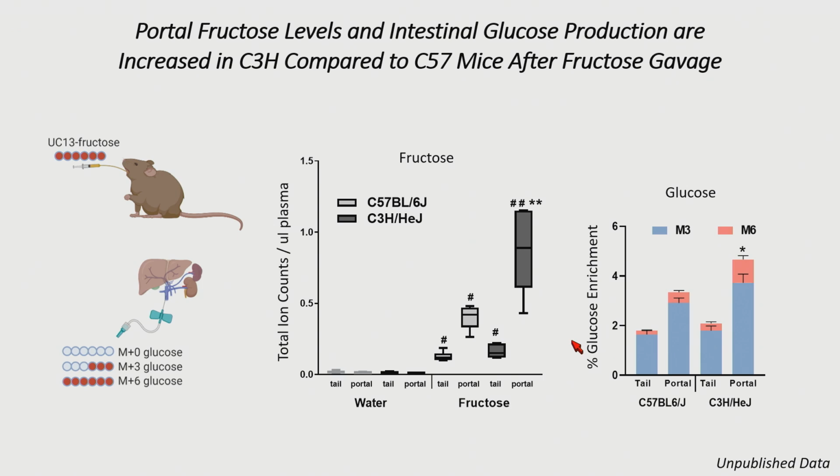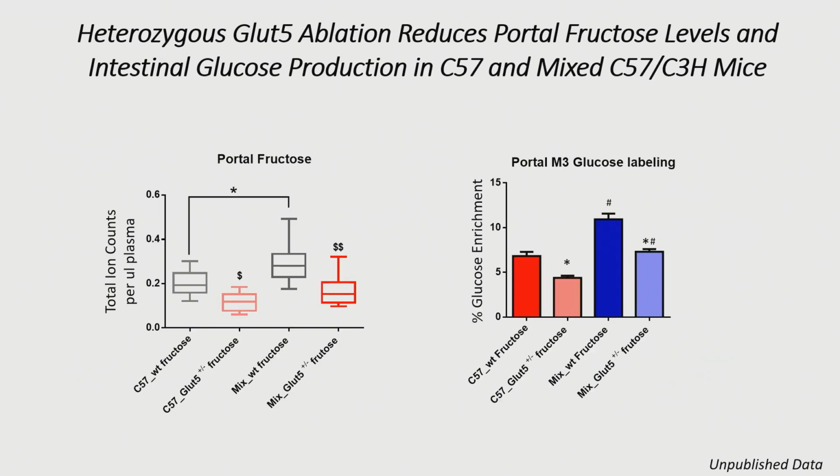Okay, so this is a demonstration of two things. That fructose absorption can be markedly different between strains of mice, and that can result in differences in glucose production as an index of metabolism in those intestines.